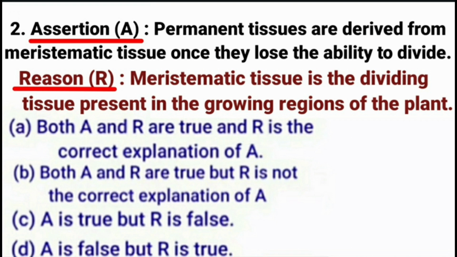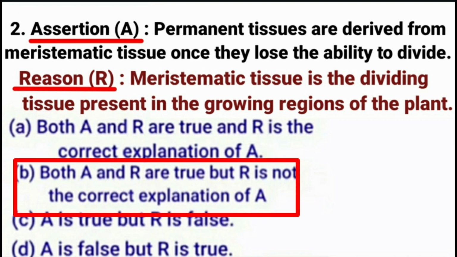When meristematic tissues lose their ability to divide, they attain a permanent shape, size and function by the process called differentiation. So, the correct option for this question is option B. That is, both assertion and reason are true, but reason is not the correct explanation of assertion.